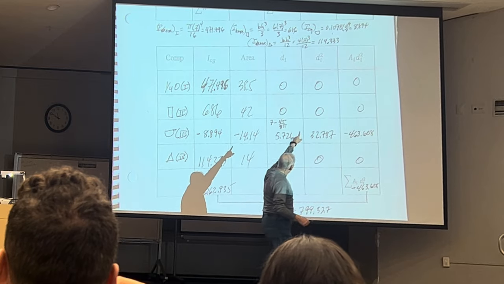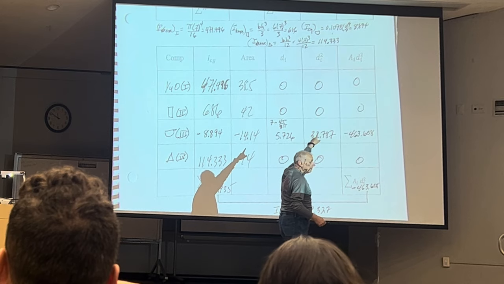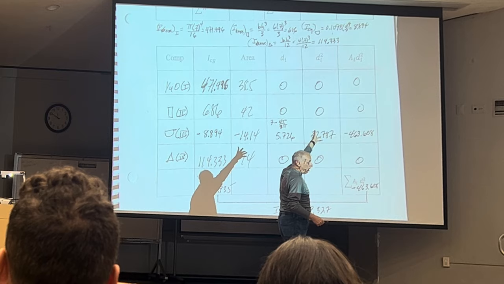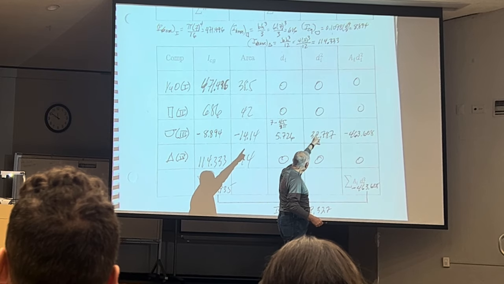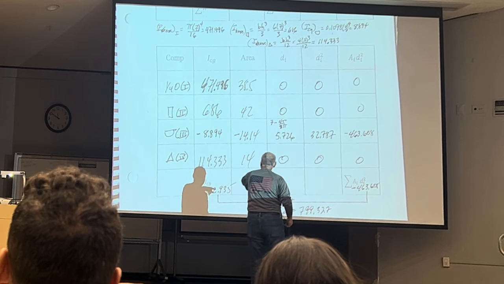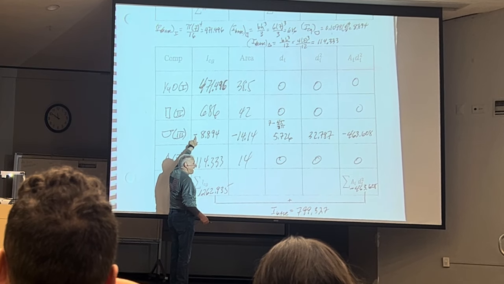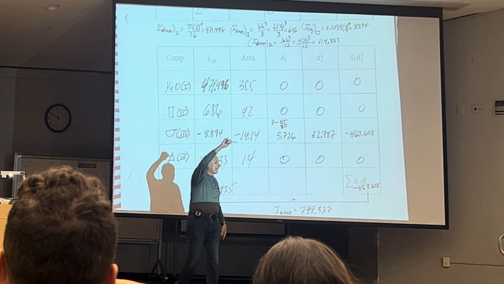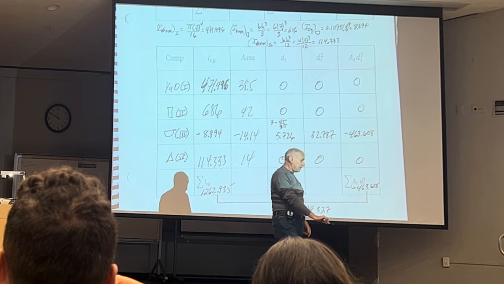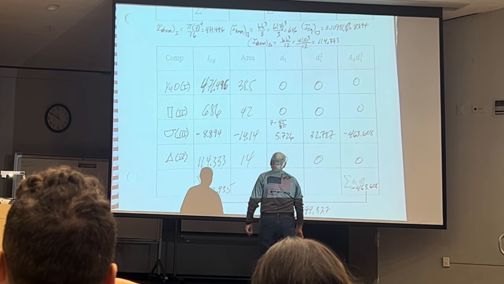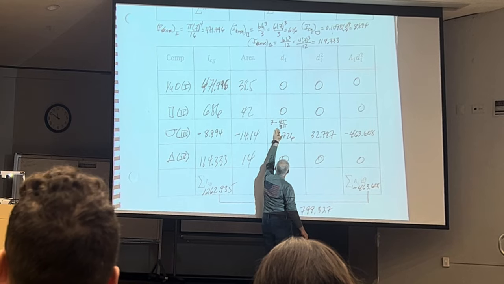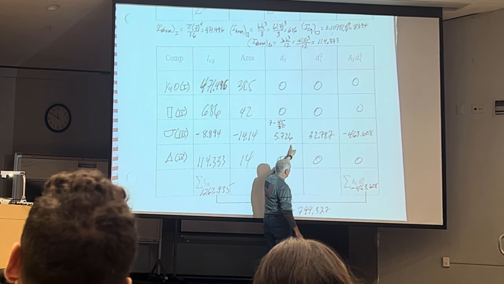Notice I used 0.1098 R to the 4th. The R is 3 raised to the 4th. That gave me 8.894. It's a cutout, so I have to put a negative. And now, since it's not on the base, I have to shift it down to the base with a 7 minus 4R over 3 pi to get me to 5.726.